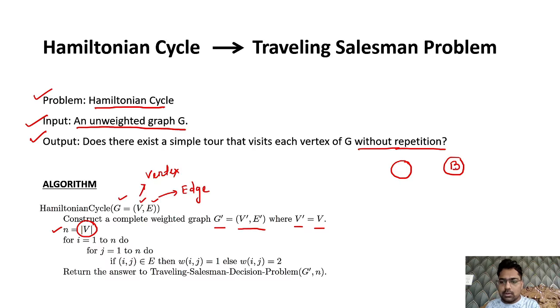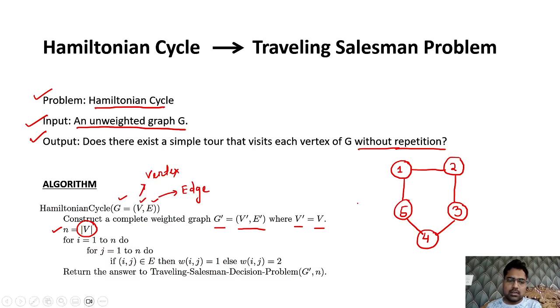Here we should name the vertices from 1 to n: 1, 2, 3, 4, 5. Suppose this is given. Though it is unweighted, not an issue.